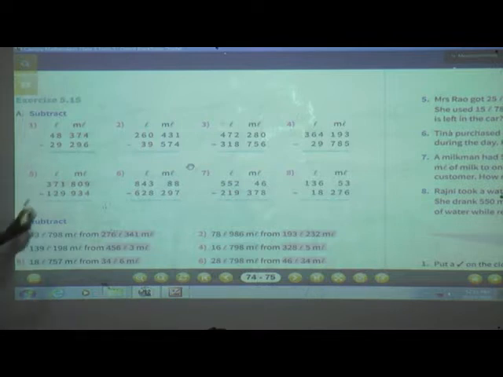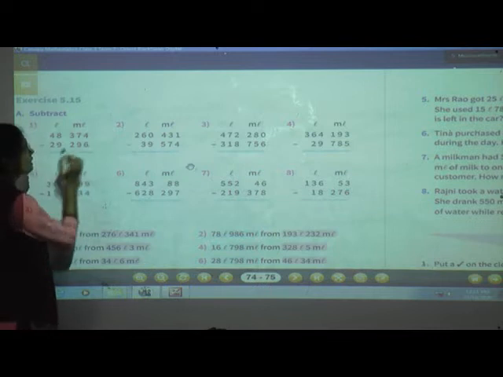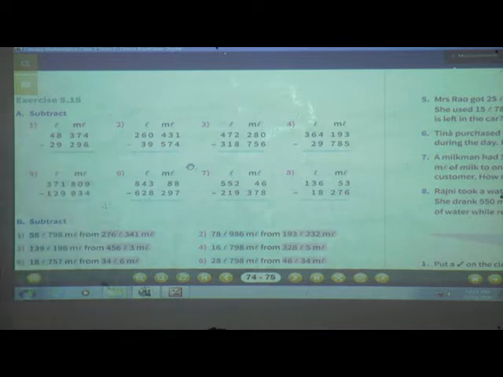So, 4 minus 6. Can you do 4 minus 6? No, we can't, because 4 is smaller than 6.